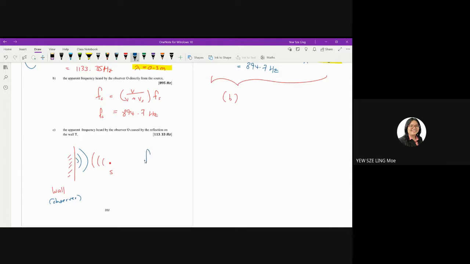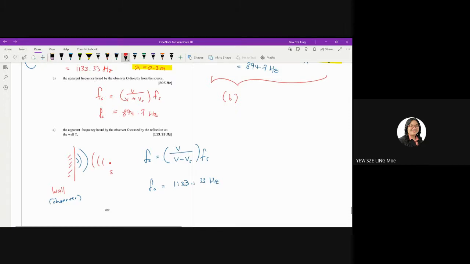So we have f0 equals v over v minus vs, times fs. Therefore, f0 equals 1133.33 Hertz. All right, just now should be 33, not 35.